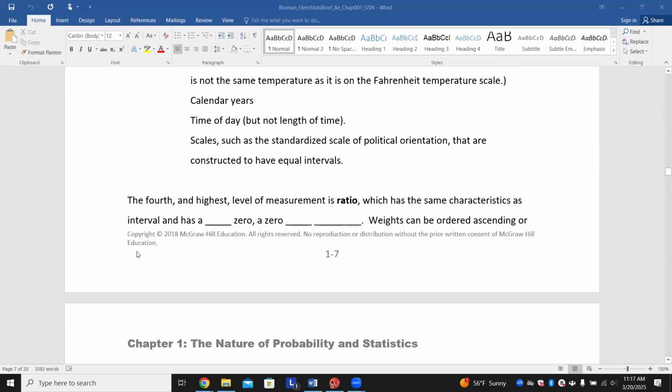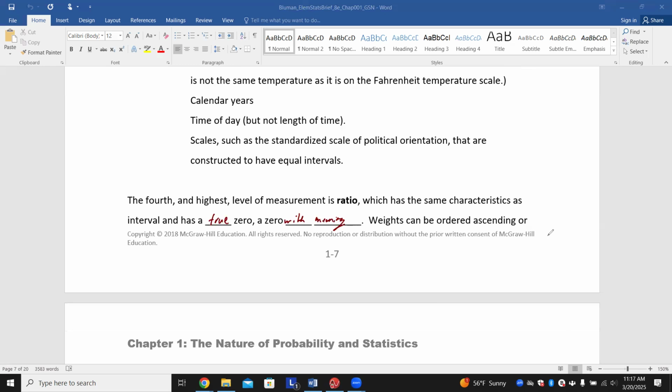All right. The fourth and highest level of measurement is ratio, which has the same characteristics as interval and has a true zero, a zero with meaning. So weights can be ordered ascending or descending and have a precise difference.